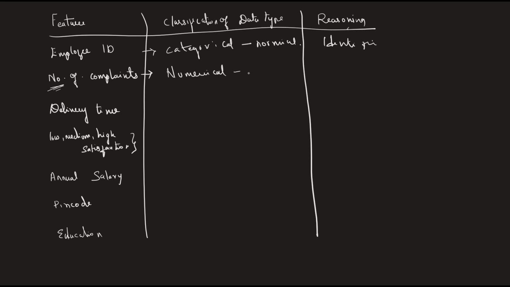The next question: is it discrete or continuous? Can it be counted or measured? It is counted, so obviously it is discrete. Delivery time. What is the delivery time for a particular product? Time is measured, right? So it is numerical and it is continuous.